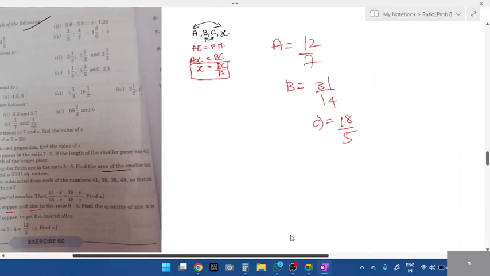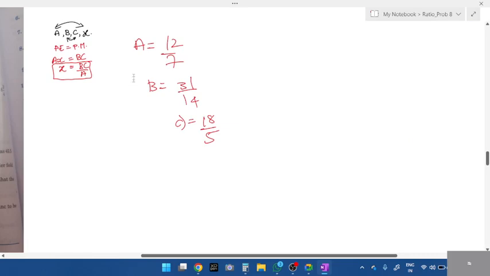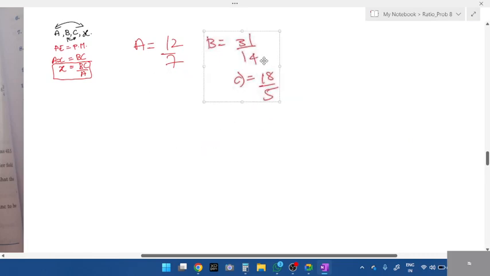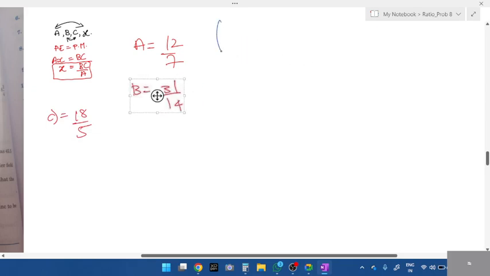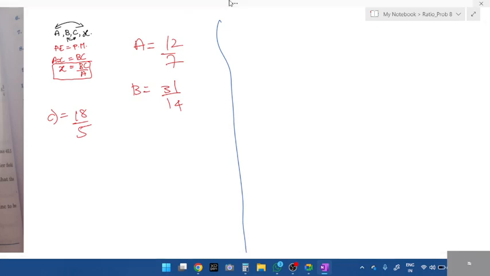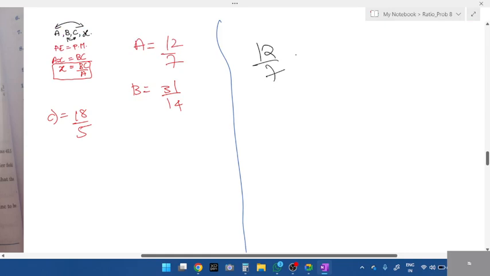Okay, now look here. Only one question. I'll show you all using the formula as well as the normal method. A, B, and C, three values are given, students. So if you want, use the formula method. If not, 12 by 7 is to 31 by 14 is equal to 18 by 5.